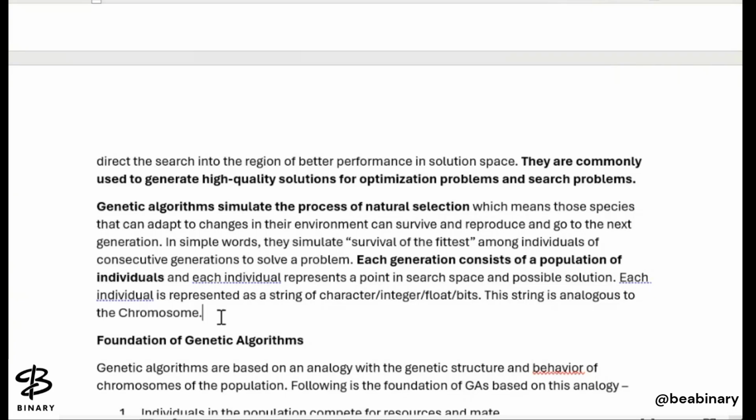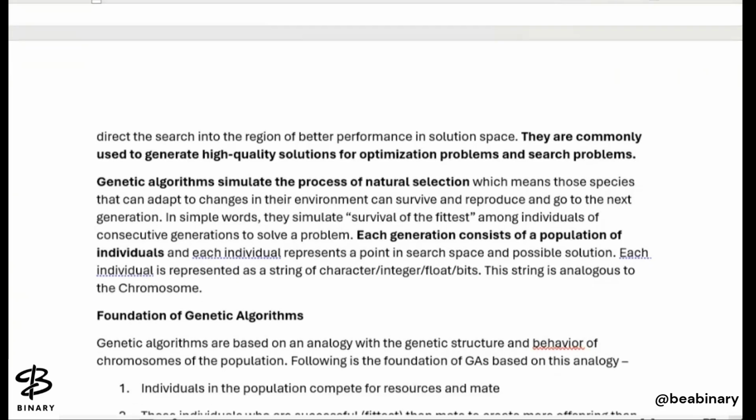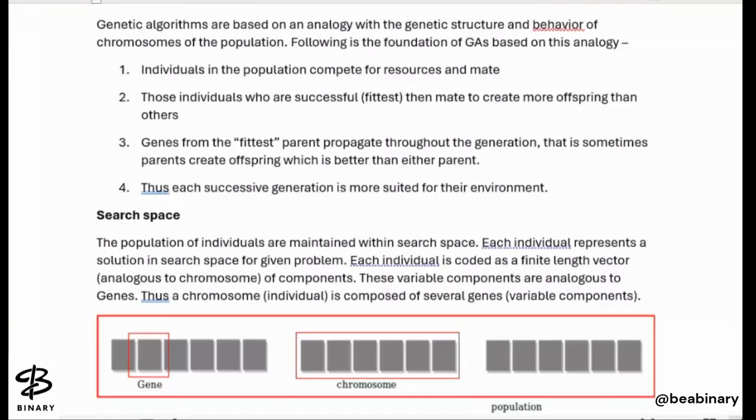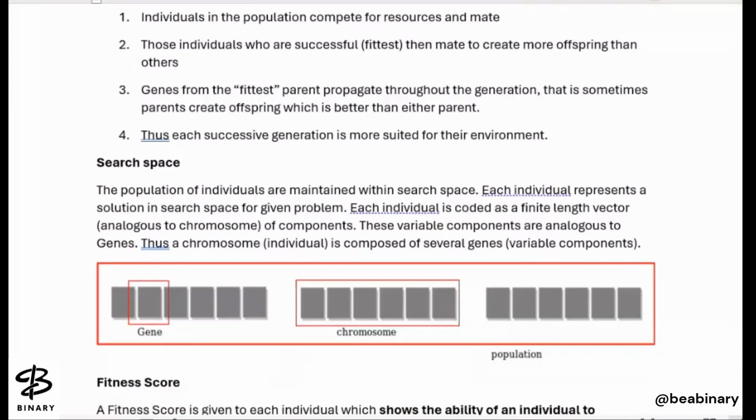Then we are talking about crossover. Here in the foundation of genetics, we will also talk about this. We will take examples of fitness scores, but we need to understand what crossover is. Crossover simply means parts of a solution are exchanged between the parent individuals to create the offspring.